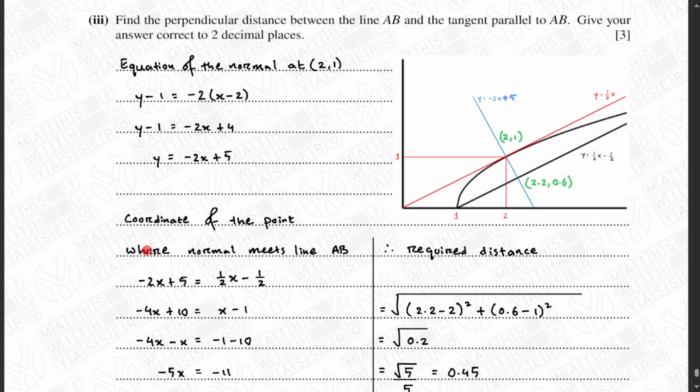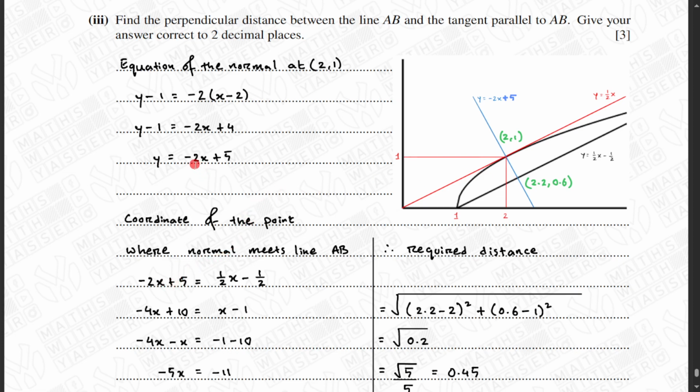Now, the coordinate of the point where the normal meets the line AB. I'm looking to find the point where the normal and the line AB will meet. I need the coordinate for the point of intersection.